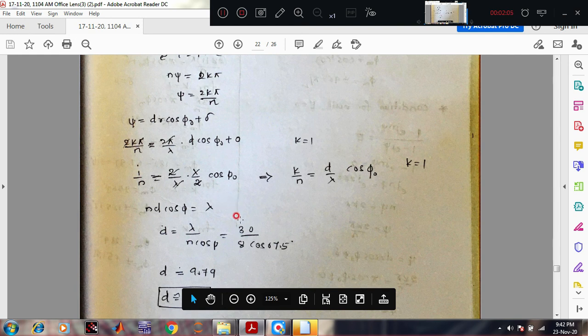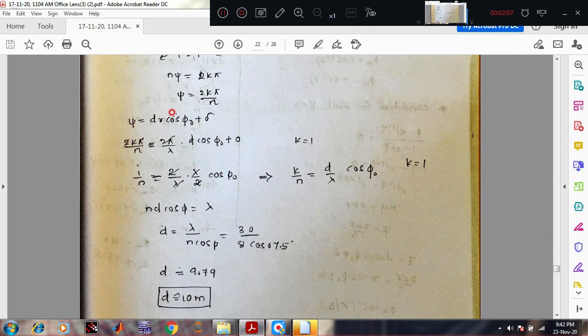We know the expression for psi is equal to dr cos phi naught plus delta. In this numerical delta is 0. So 2k pi by n is equal to 2 pi by lambda into d cos phi naught plus 0.